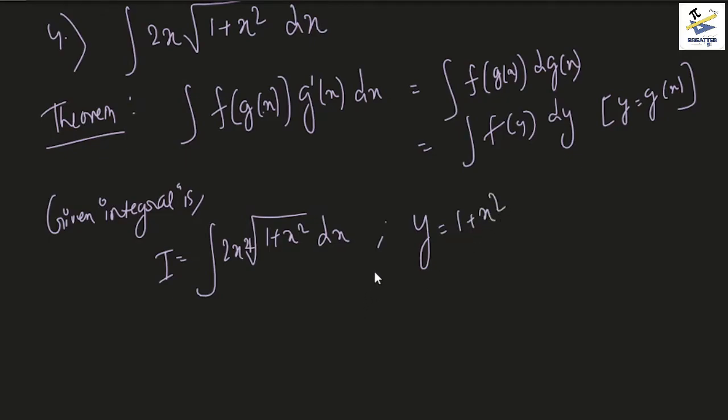Why are we doing that? Because I realized that the integral can be solved if we eliminate this root over 1 plus x square. When I substituted y equals 1 plus x square, I saw that the derivative of 1 plus x square is just 2x, which is given along with dx. So 2x dx would be substituted into a single dy, which is what we wanted. The derivative of 1 plus x square is already given outside.